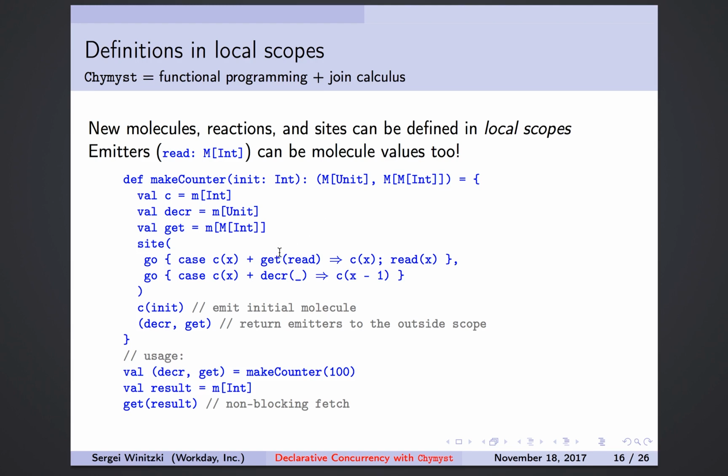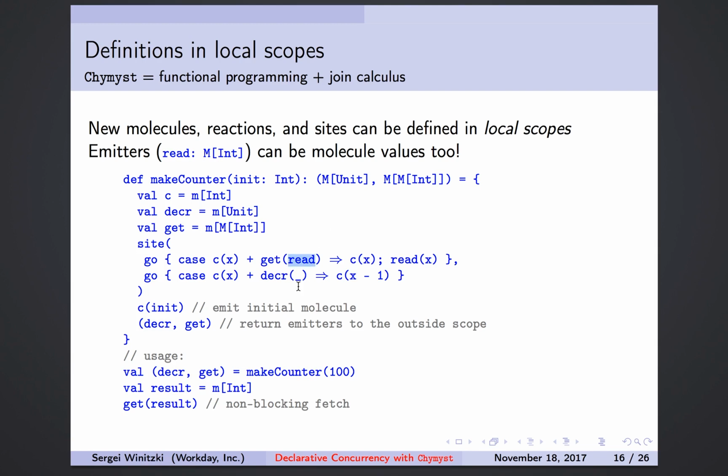A molecule emitter in this example, which is not what I was showing in the test code, the molecule get takes a molecule emitter as a value, and then it emits that molecule in the reaction body. So that is a slightly more advanced way of getting results out of reactions. That is, you give an emitter to a reaction, and the reaction body will call that emitter.